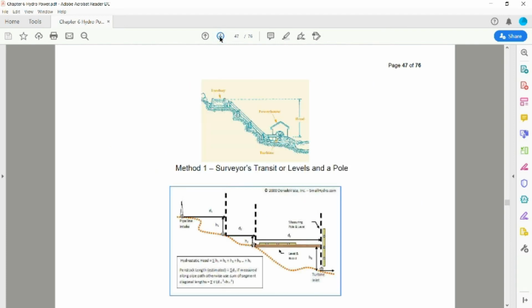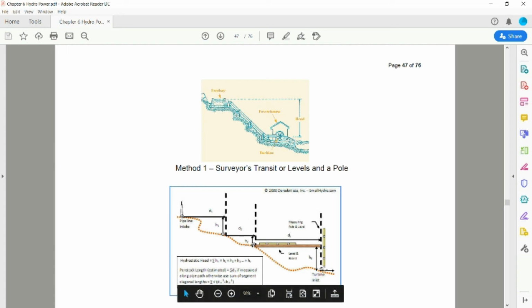So method 1 is by using a surveyor transit or level and a pole. This yellow one is a surveyor transit or level. Usually we use a liquid level here, to know the correct levels from pole to pole.